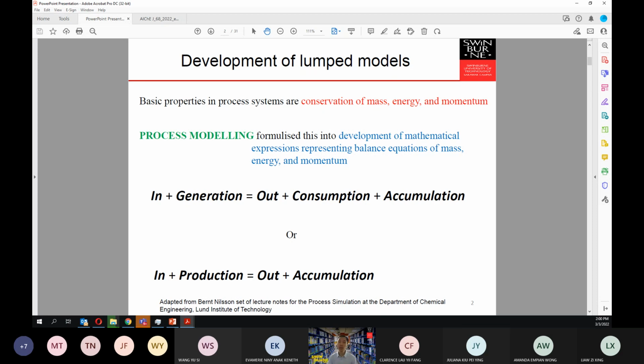So for example, if your in is 100 and your out is 80, because your in is larger than your out, you have an accumulation. If you imagine a tank, the tank will build up with time. If that accumulation is not stopped, your liquid will spill. But if your in is 80 and your out is 80, you will have no accumulation, so the liquid head in your tank will be constant with time. Did you get what I meant, Clarence?